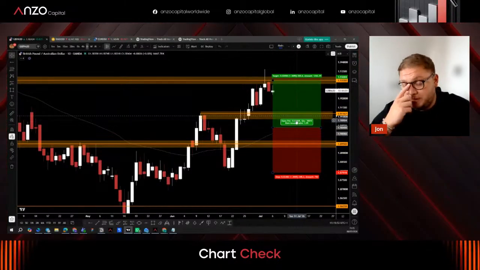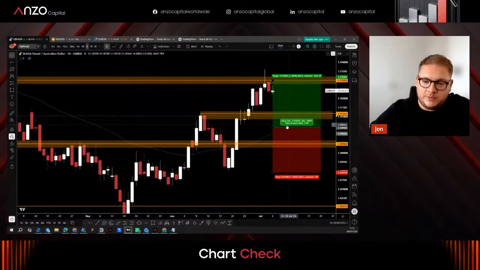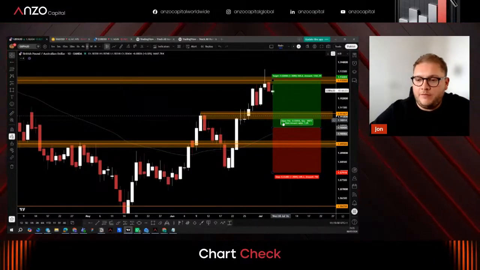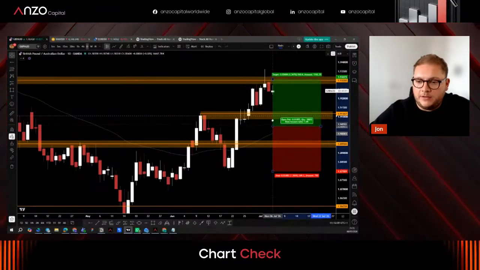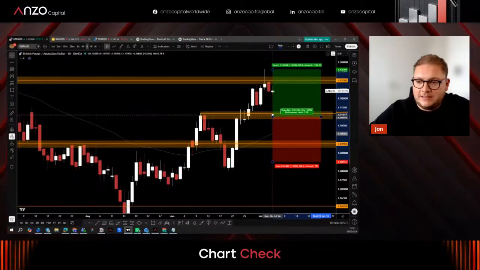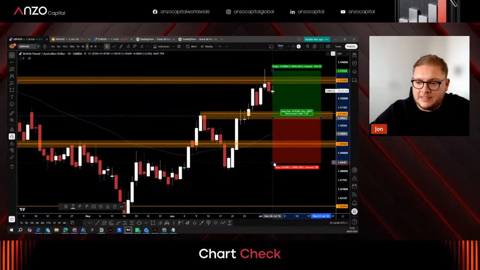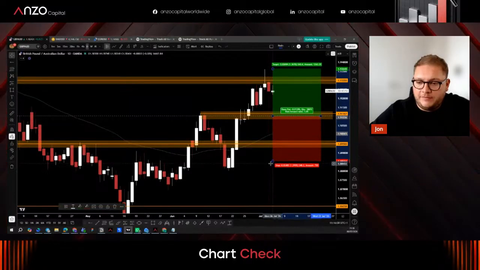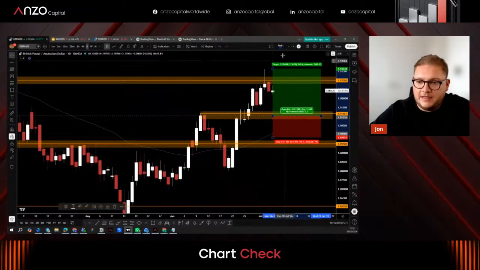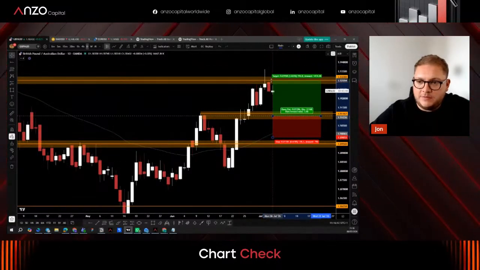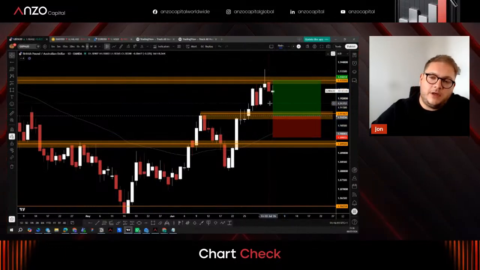So now, obviously, we have to talk about risk management and things like that. If I was to get in around that 1.91 handle, I might need a tighter stop. So I might have to bring my stop up, let's say, below the 50 moving average. That then increases my reward to risk, so it's positive.